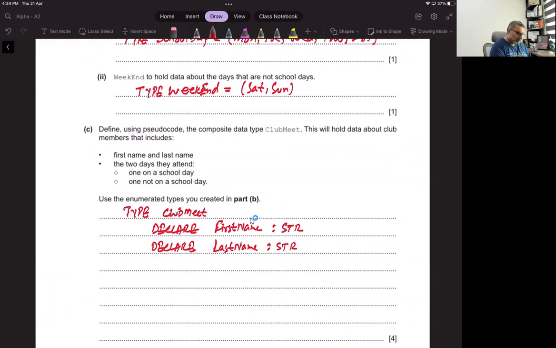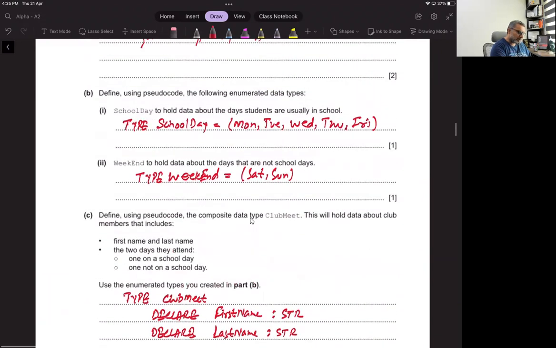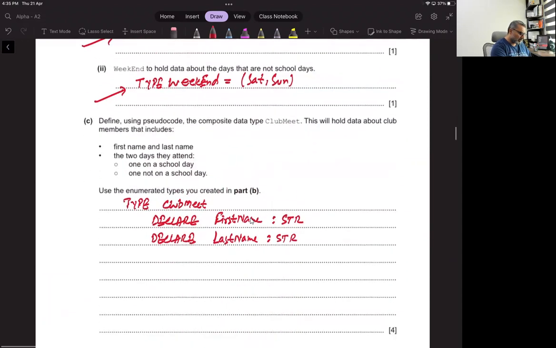The 2 days they attend. Okay, one on a school day, one not on a school day. It means that they are talking about a school day and weekend. All right.